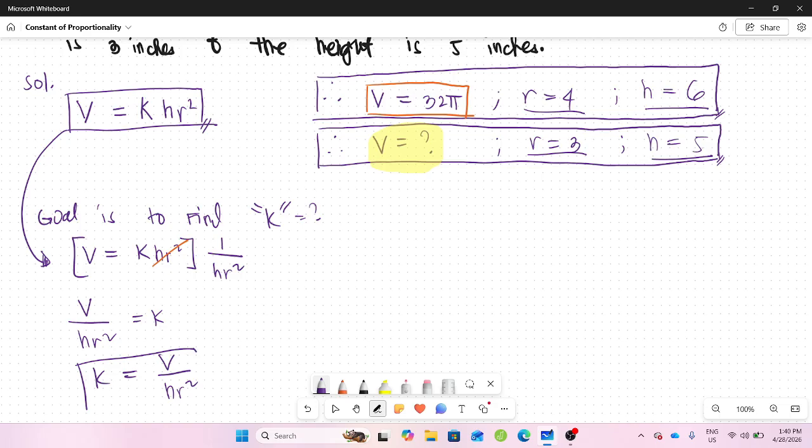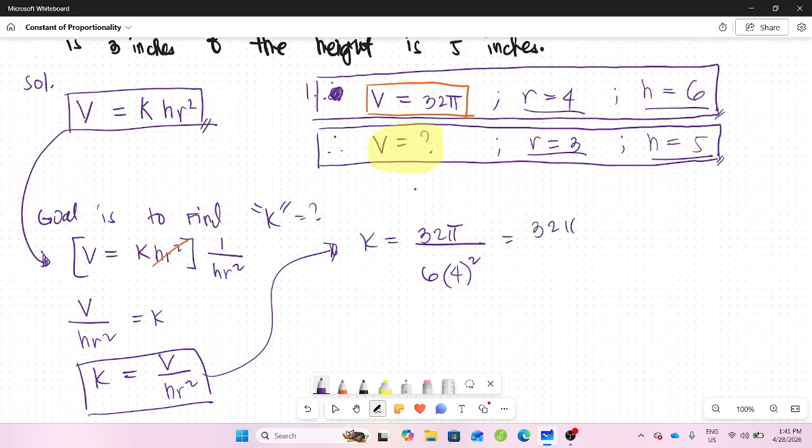Okay, let's solve for the value of our k. So simply, based on statement number 1, the volume is 32 pi, the height is 6, the radius is 4, and we need to square that one, and we get here 32 pi over 6 times 16. Okay, we could factor out this one.